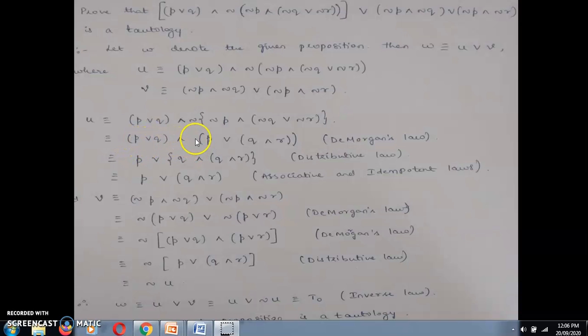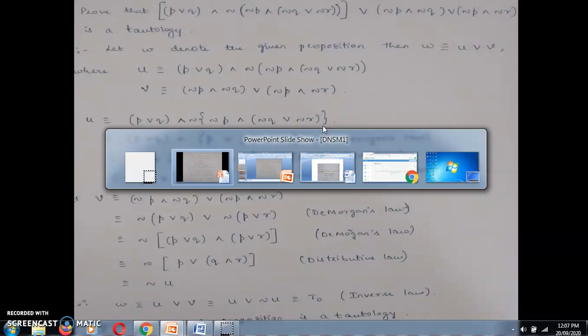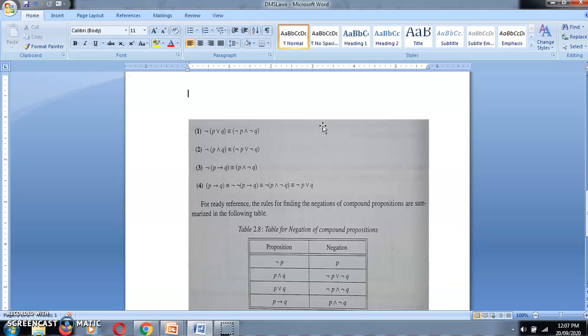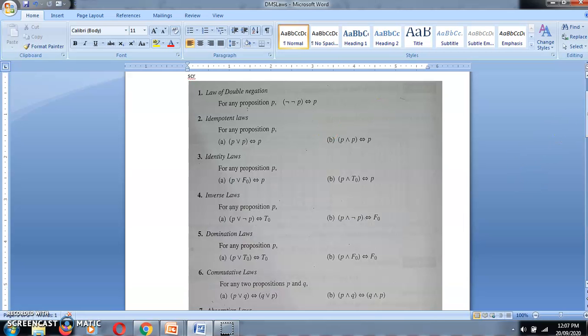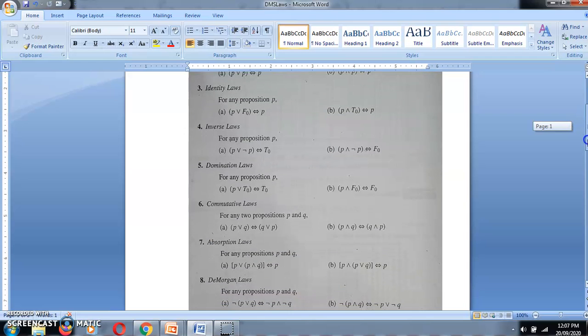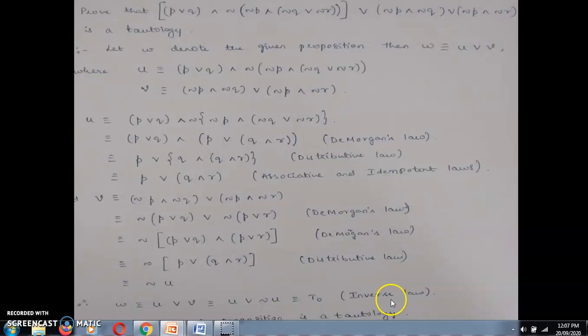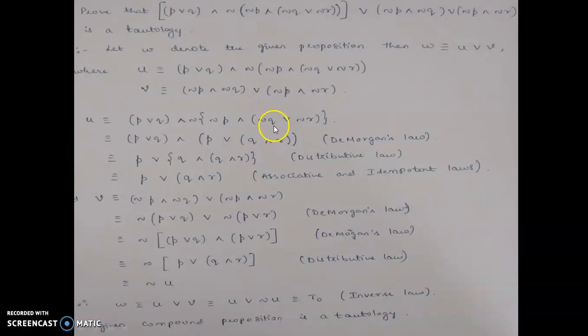P or Q, and it is the inverse of negation of Q or negation of R. The De Morgan's law states that negation of Q or negation of R can be written in this form, that is Q or R.